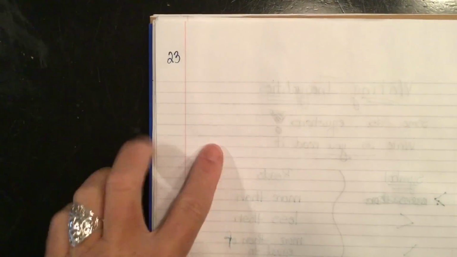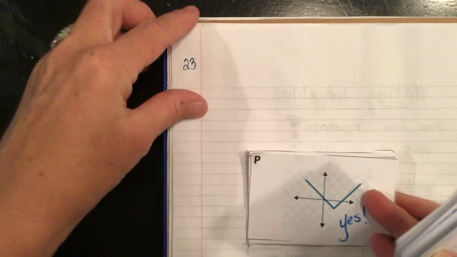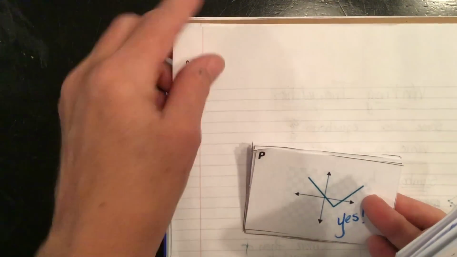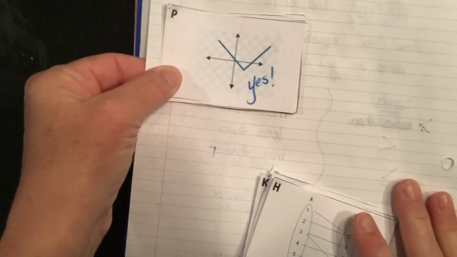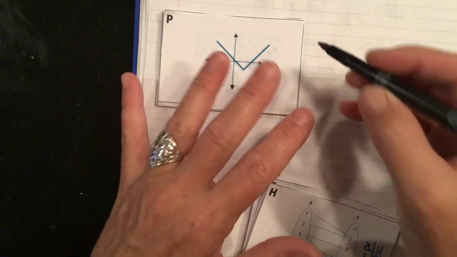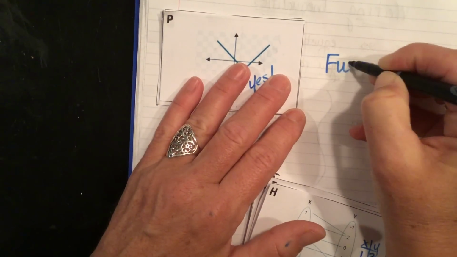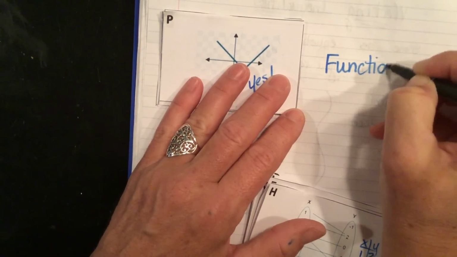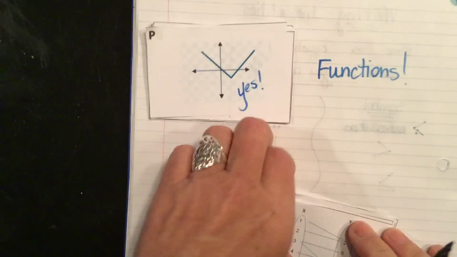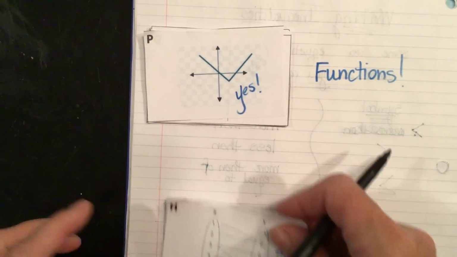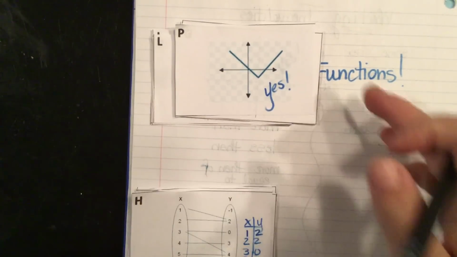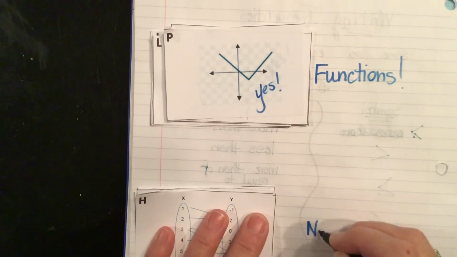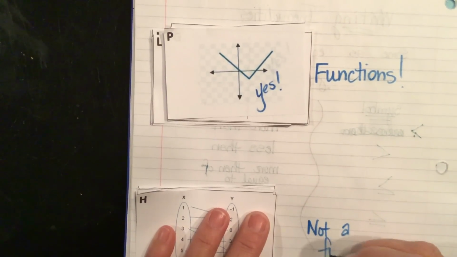Actually, you can do this, this might be an easier way for you. Go ahead and take a stapler and then just staple it to the page for the functions. Actually, I think I'm going to do that too. So functions. And then lift up your page and staple those together. These are not a function.